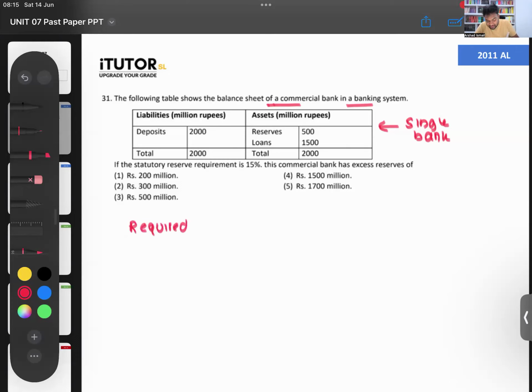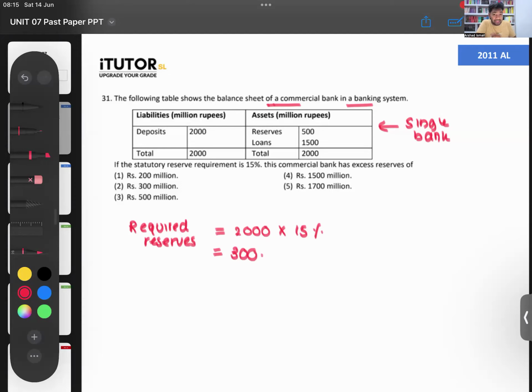If they have deposits of 2,000, how much should their required reserves be? SRR is 15%. So from this 2,000, they have to keep 15%. 15% of 2,000 is 300. And that is what they have to keep as required reserves. But how much do they have as actual reserves?